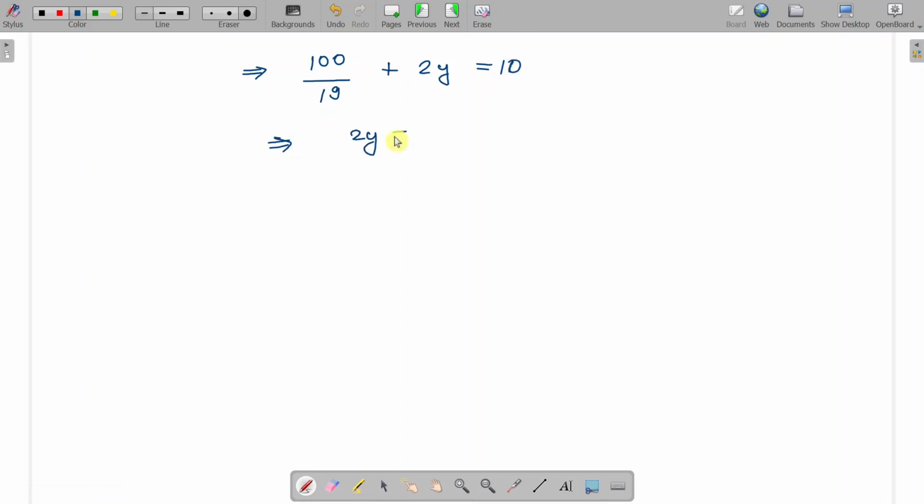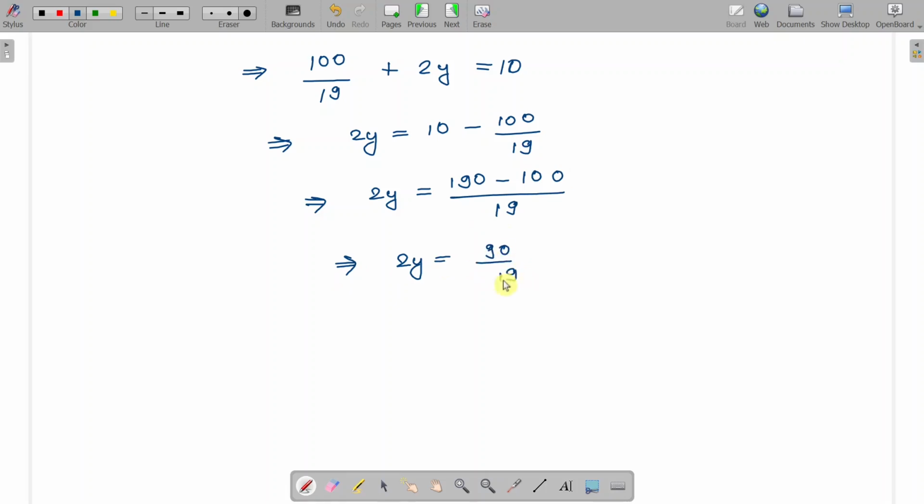So 2y is equal to 10 minus 100 by 19, that means 2y is equal to 190 minus 100 divided by 19, so 2y is equal to 90 by 19. So y is nothing but 45 by 19.